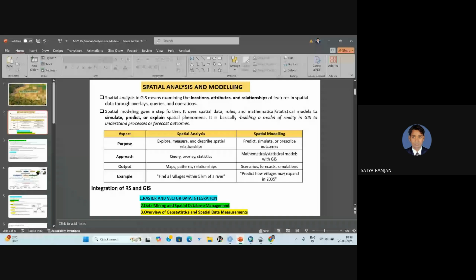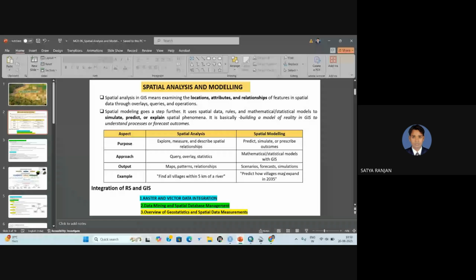Basically, spatial analysis is about how one area is related to another area: what is the distance, what are the directions. In Google Maps, we use the map for different locations, and in between, spatial analysis is going on in the background, and that's why it gives the outputs.